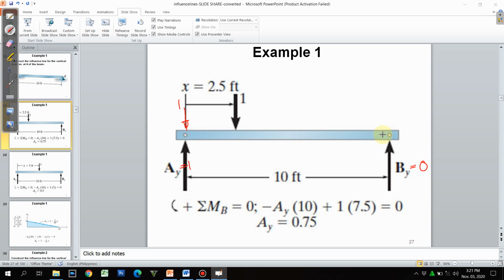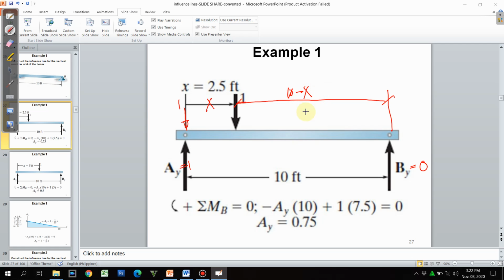So one technique is by the influence line equation, wherein our concern is the reaction at A. So we'll just have to denote this one here with its distance x from A. Okay, so I'll just name this as x, so that the remaining distance here would be 10 minus x.